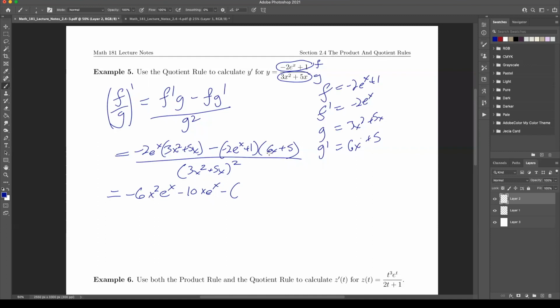This times this will give me minus 12x e to the x, and then this times this will give me minus 10 e to the x. This times this gives me plus 6x plus 5.